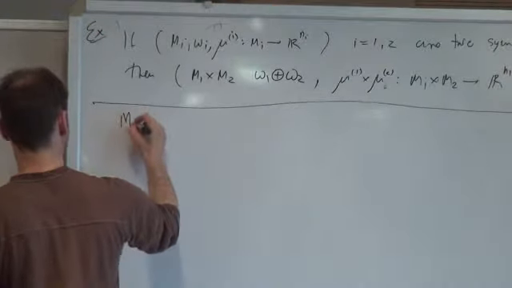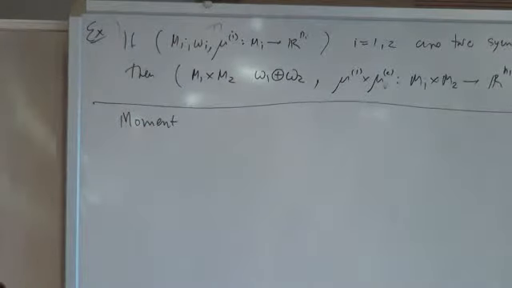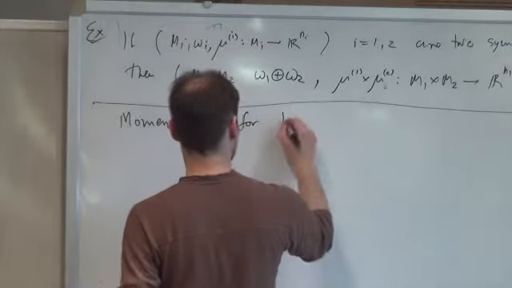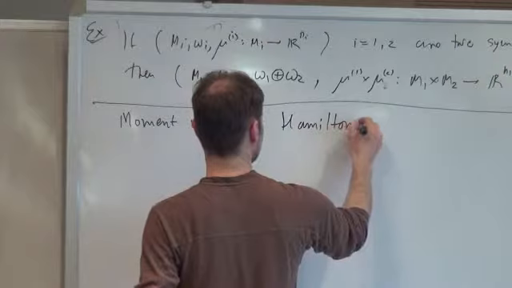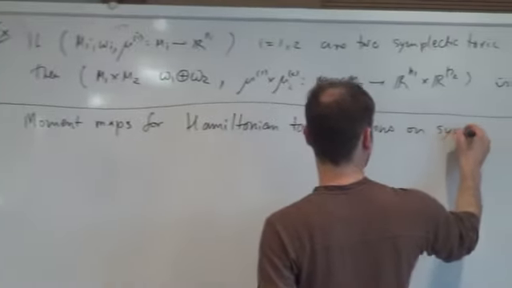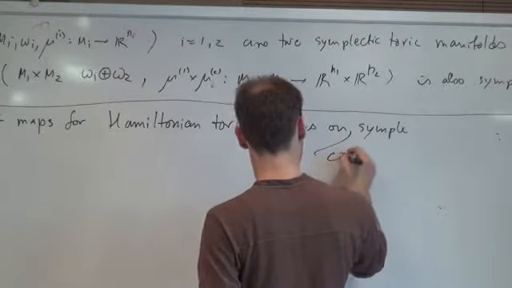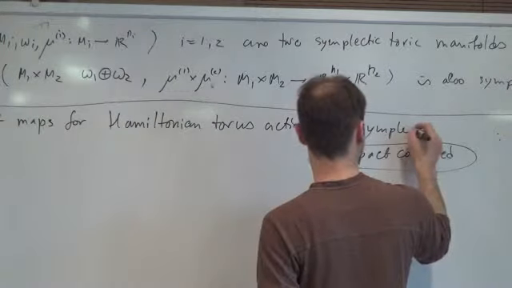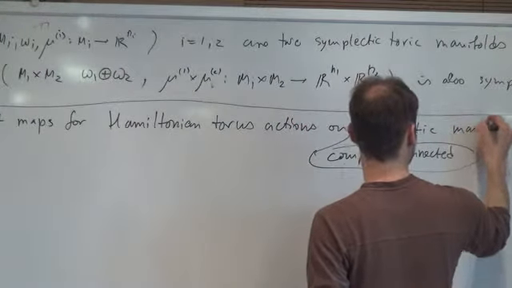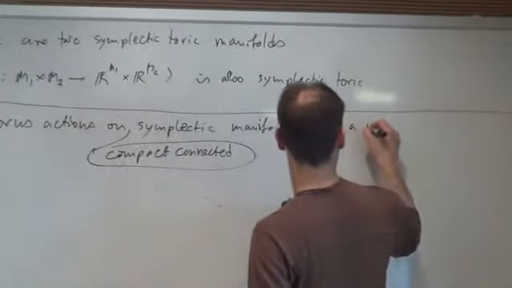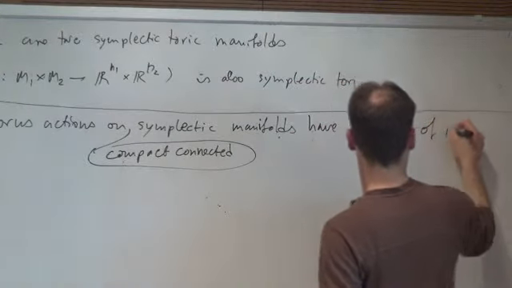So moment maps for Hamiltonian torus actions on symplectic manifolds, on compact connected symplectic manifolds, have a number of remarkable properties.